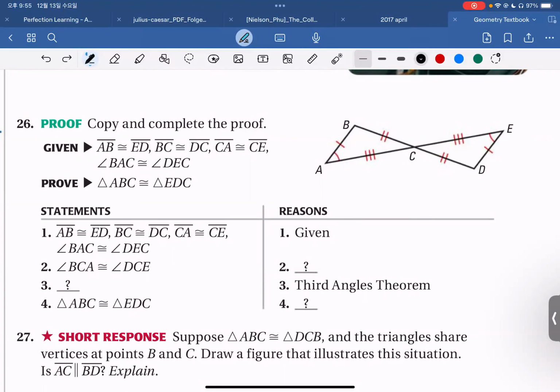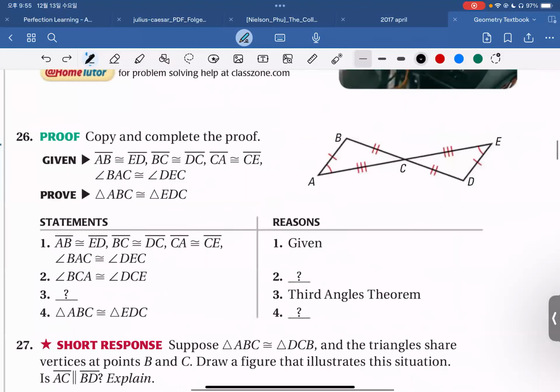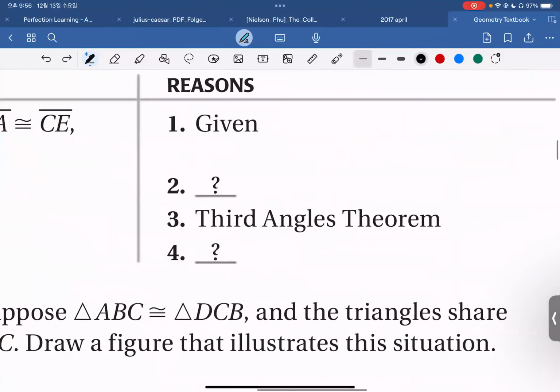Next, when you're showing that BCA and DCE, ECD, that's the same thing, are congruent, then you're using the vertical angles congruence theorem from, I'm pretty sure, 2.7 or something, we're in chapter 2. And remember, this is not a postulate but a theorem.